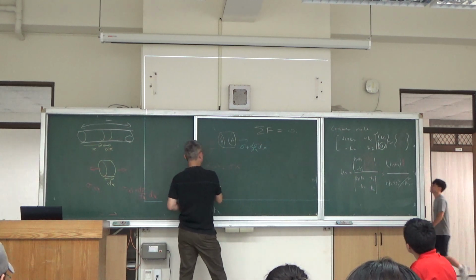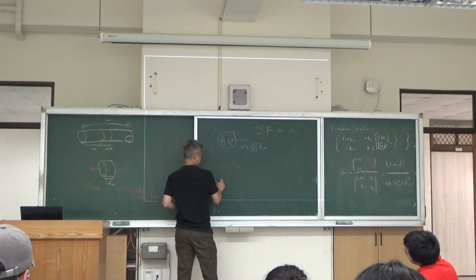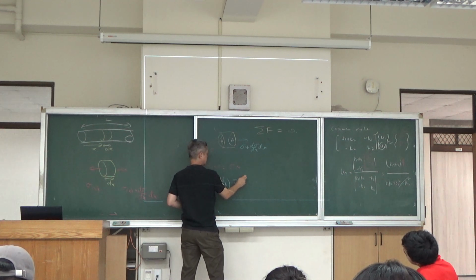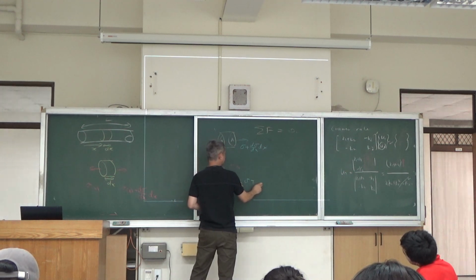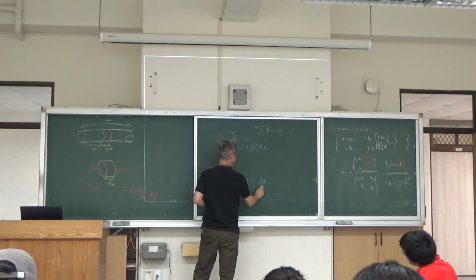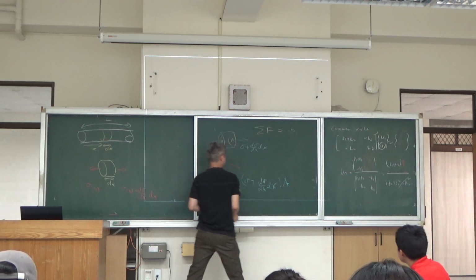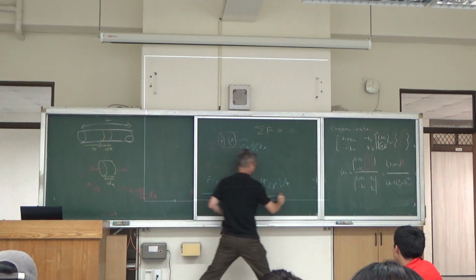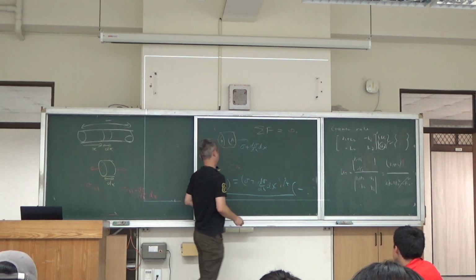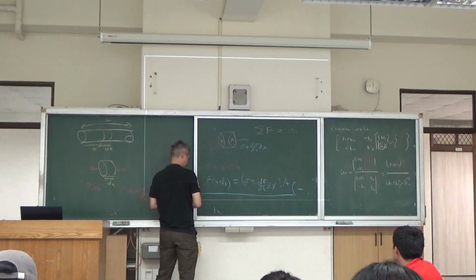Then your force on the right hand side is sigma plus d sigma dx times dx, times the area. If you now do the subtraction of the two, this is the force sum.